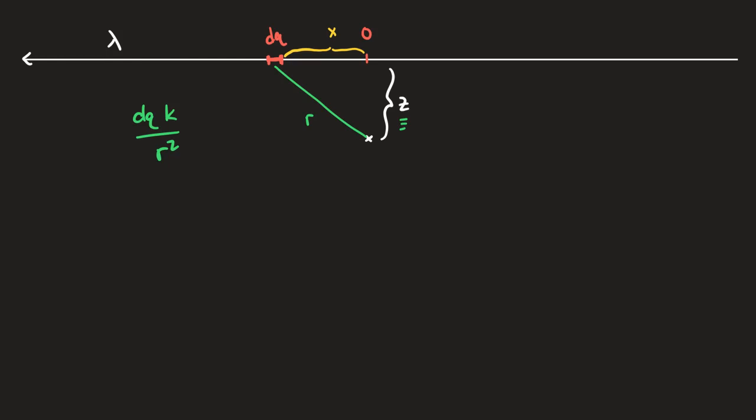One way to do so is define r in terms of z. It also gives me a way, perhaps, of dealing with this length. So I could say that this length is dx, which will mean that dq equals lambda dx.